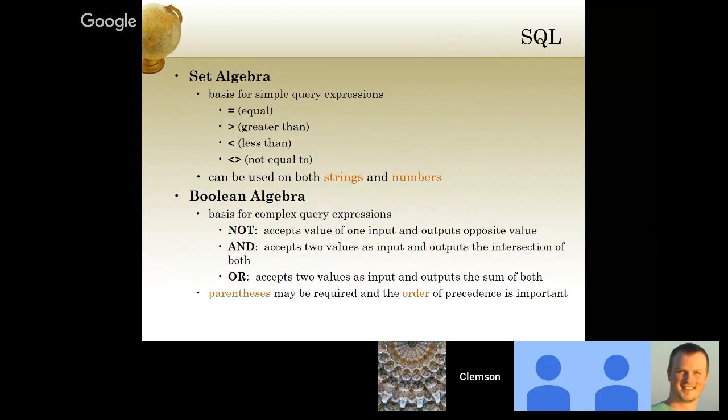If they are true, they will return some subset of features. Here, not accepts values from one and not the other, and requires two or more criteria to be simultaneously true, and or allows any of a number of criteria to be true to identify a feature. We can use parentheses to build these statements, just like we can with normal algebra, so it will evaluate specific parts of your statement first, and then the rest.